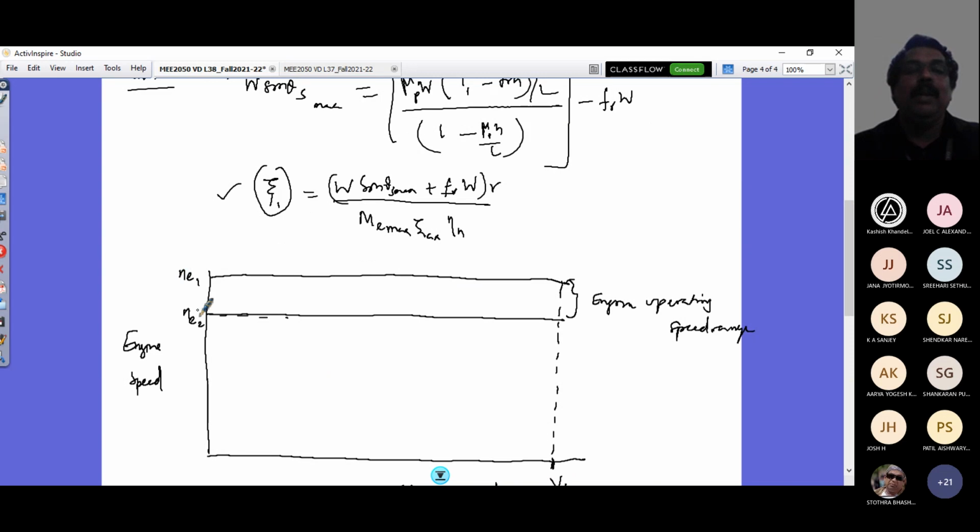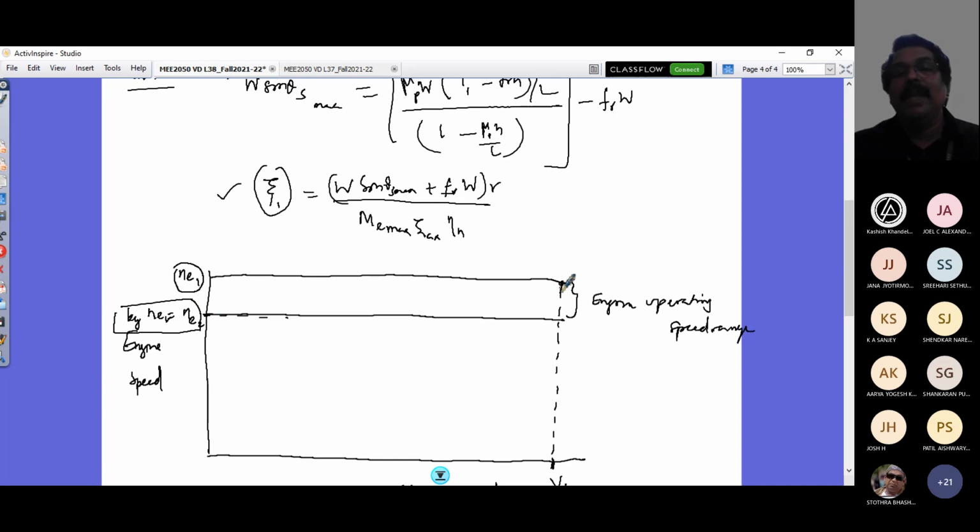If I have my Ne1, the Ne2 by Ne1 ratio would decide what this speed is here. This speed is obtained for the highest, corresponding to the highest vehicle speed. So Ne2 I get from this into kg. So Ne2 is kg into Ne1.